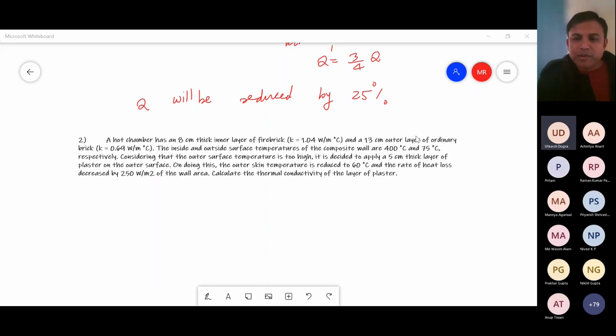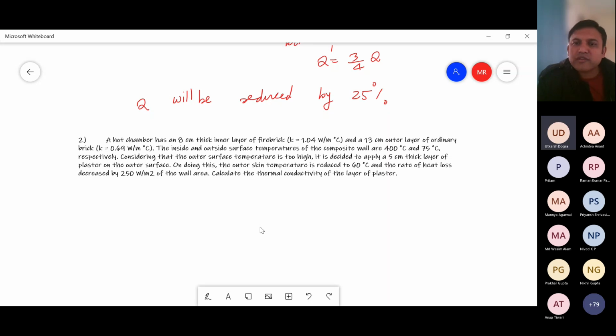So is the problem clear to everyone? In the second problem, there is a hot chamber. A hot chamber has an 8 centimeter thick inner layer of fire brick, thermal conductivity 1.04 watt per meter degree Celsius, and a 30 centimeter outer layer of ordinary brick with thermal conductivity of 0.69 watt per meter degree Celsius.